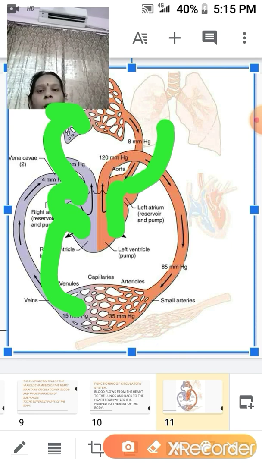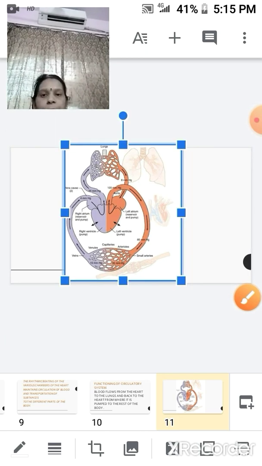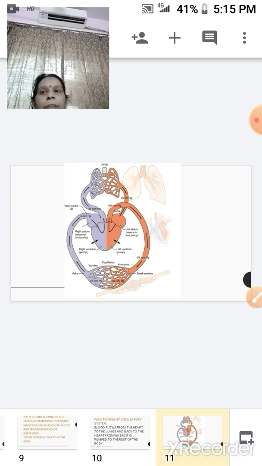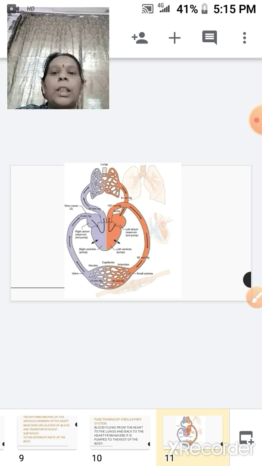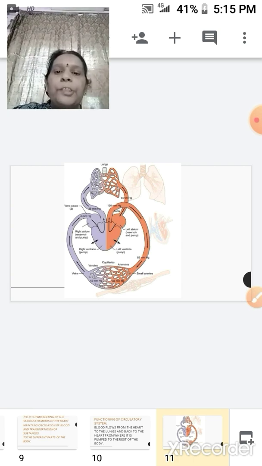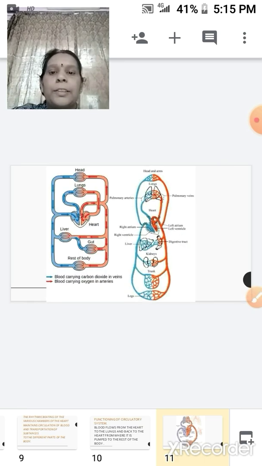So this is how the heart works, how the heart functions, how the blood is pumped from the lungs to the heart, and then to the body, and then again back to the lungs.